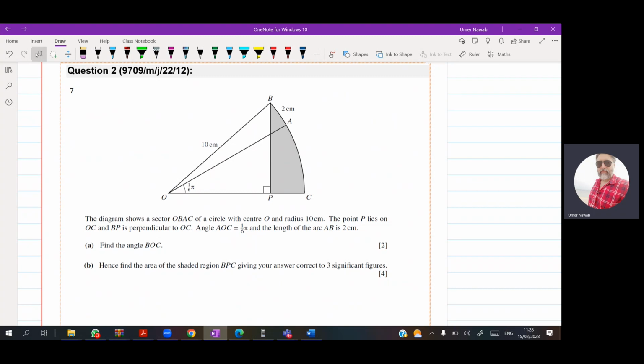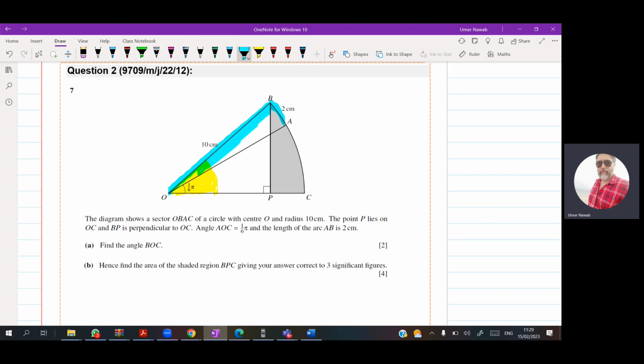I want to find angle BOC. So BOC, this angle is required. Total angle of the sector, central angle BOC requires. Now, examiner gives you this arc length. If he gives you this arc length and he gives you this radius, so why not?